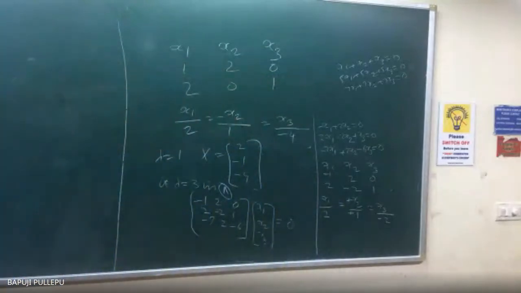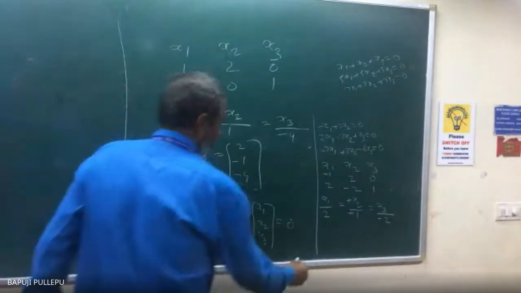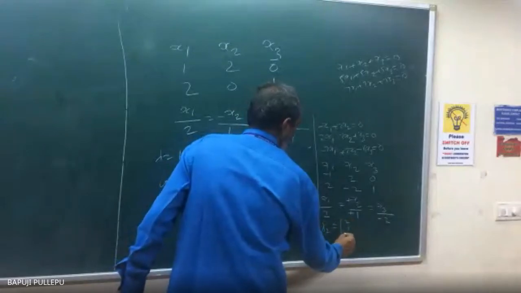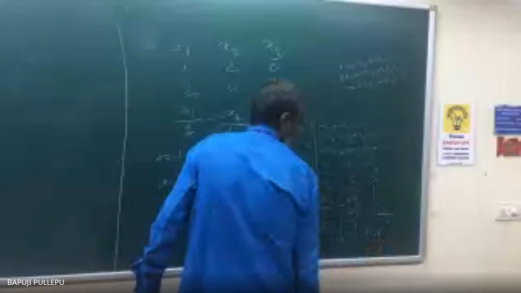Yes, sir. Minus x2 minus 1 cancel. Now my x2 is equal to 2, 1, -2. Yes, sir. If lambda is equal to who? 3.